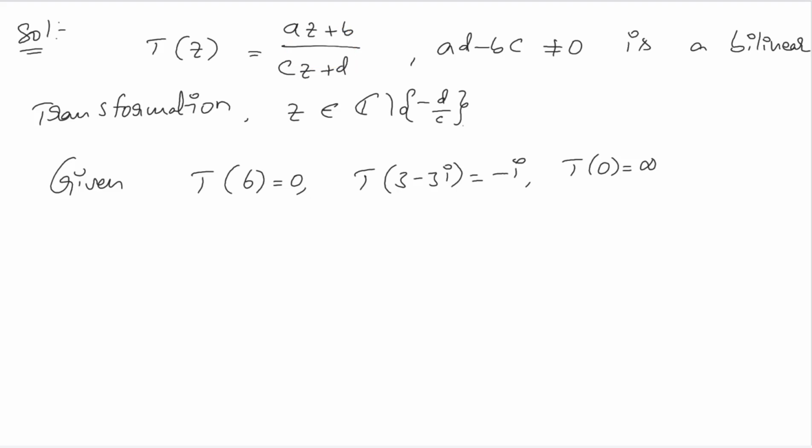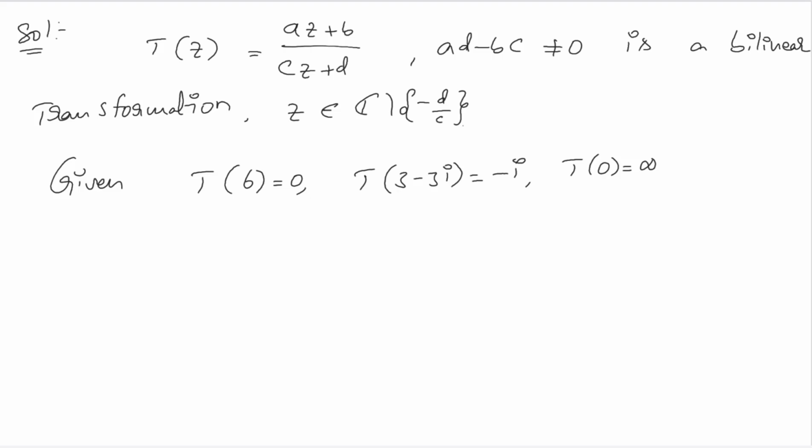From the definition, since T of 0 is infinity, when we put z as 0 in the denominator we get infinity. That means in the denominator, D is 0 and C is either 1 or minus 1.